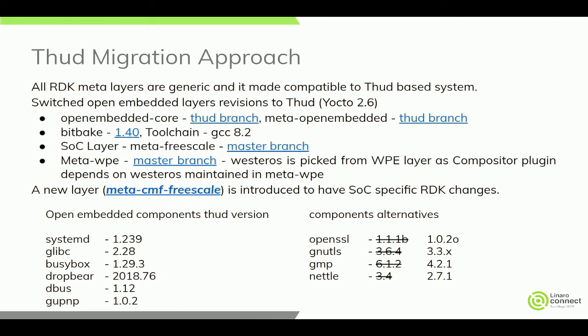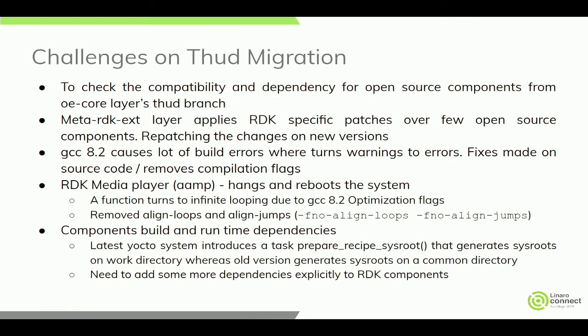That will be maintained in a separate RDK layer, and that should be taken care of. Later, the meta-rdk extension layer is for having the enhancements for open source components. Those have some specific patches applied for RDK enhancements that have to be re-patched for newer versions.